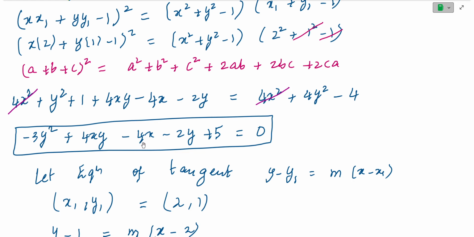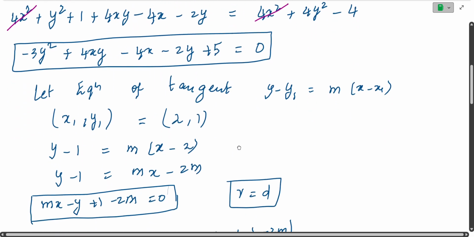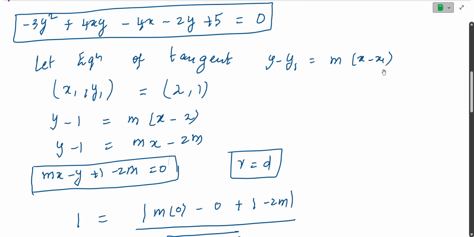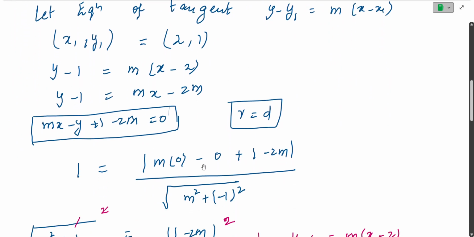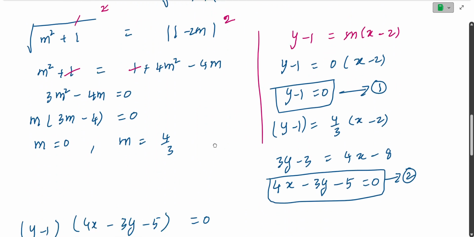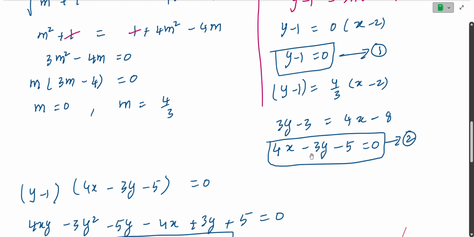In another way, by assuming the equation of the tangent as y minus y1 equal to m into x minus x1, we can get the individual tangent equations very neatly. That is what I conclude from this discussion.